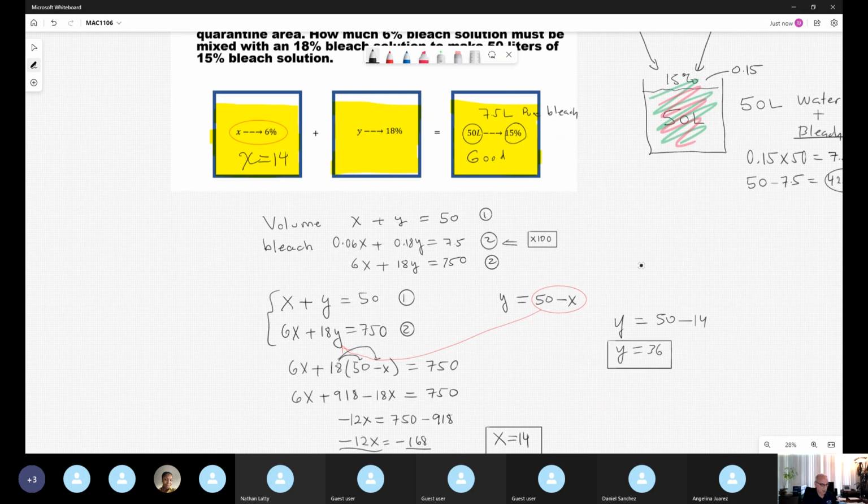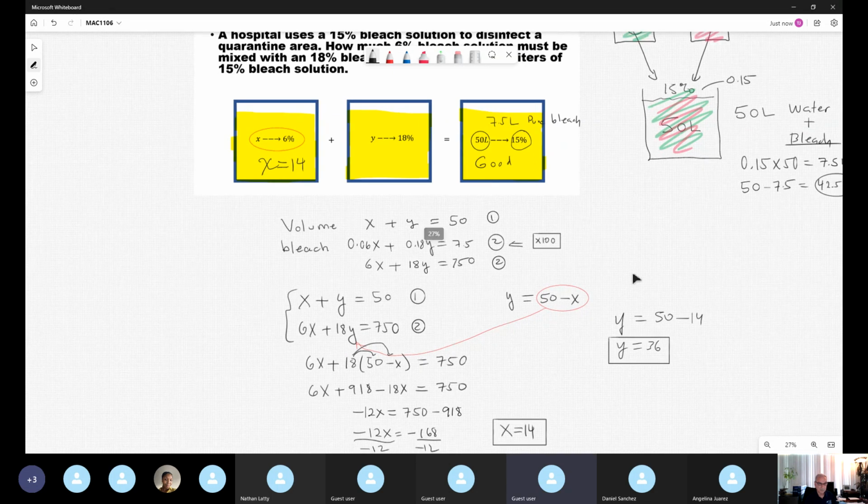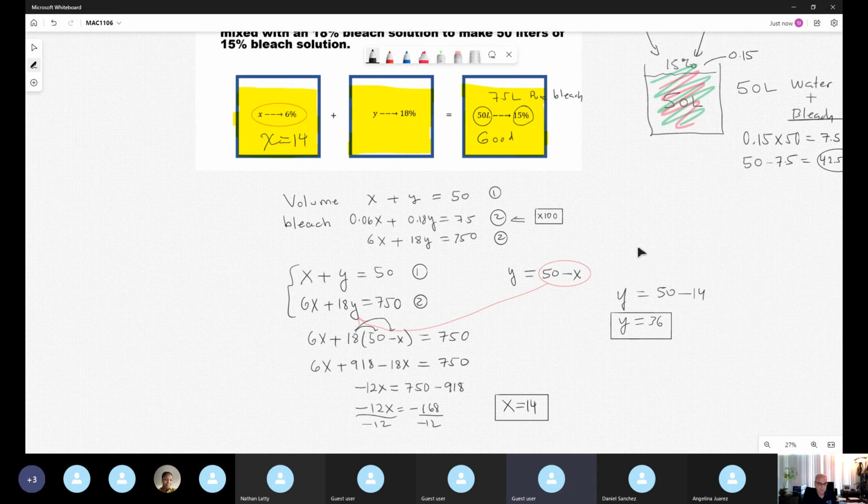Okay, I'm checking with my paper, yeah, I'm making some mistake. Let me see what the mistake is. Wouldn't you have to reduce it because you multiply by 100 the bleach? Yeah, when you multiply by 100, we have 6x plus 18.